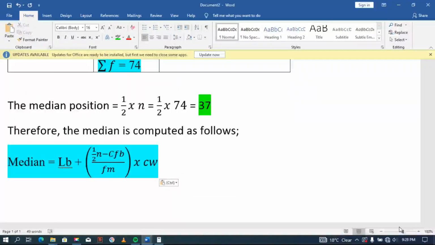So this is the formula for finding the median. Now let's simply substitute the variables accordingly.